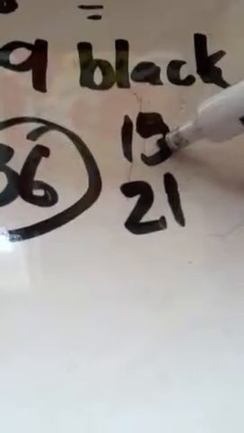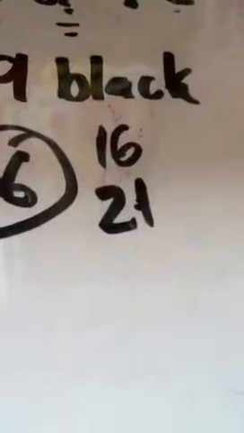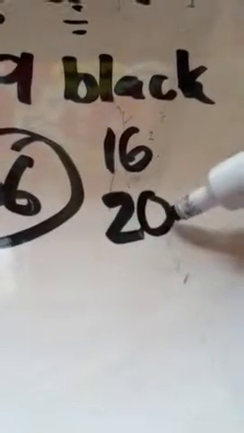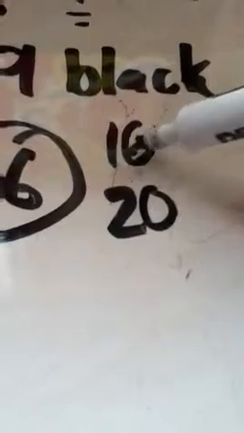So I know that 15 and 21 add up to 36, but they're not 4 apart. So what I'm going to do then is start changing my numbers slightly. I don't want to just randomly guess. So if I change the 15 to a 16, that means I have to change the 21 to a 20 to get them to add back up to 36. 16 plus 20 is 36, but they're 4 away, so that now fits.